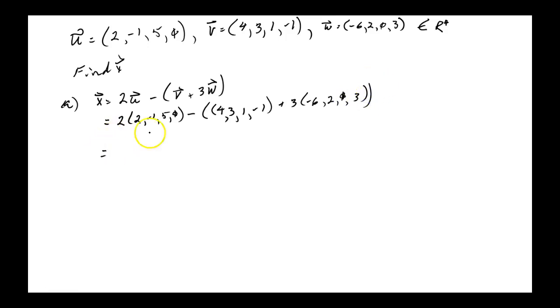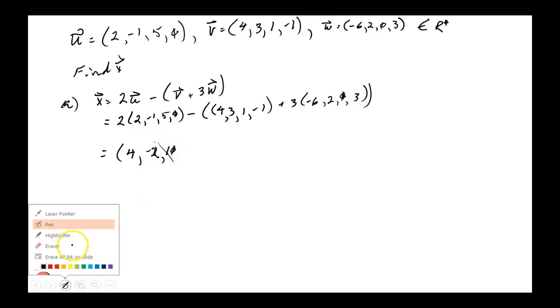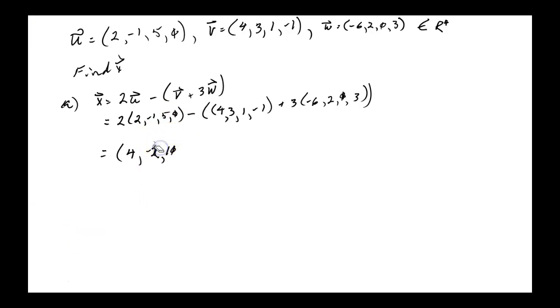So let's start what we can. What's the first stage here? 2 times 2, 4. 2 times -1 is going to be -2. 2 times 5, 10. 2 times 0 is 0.